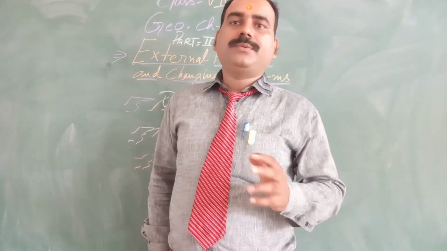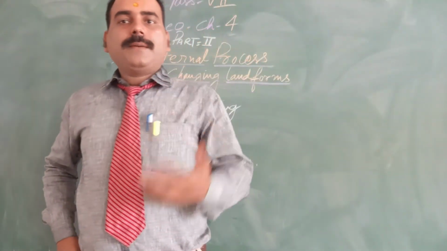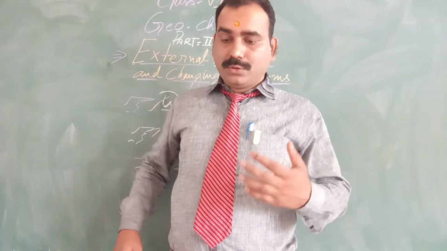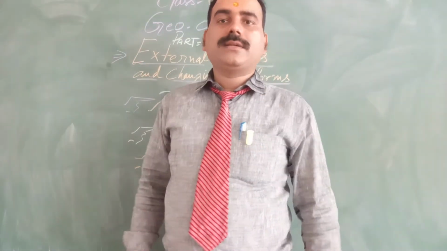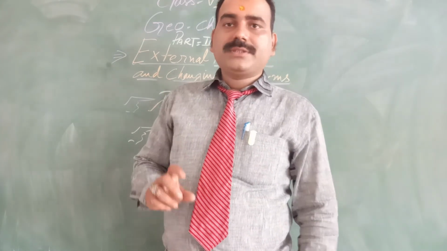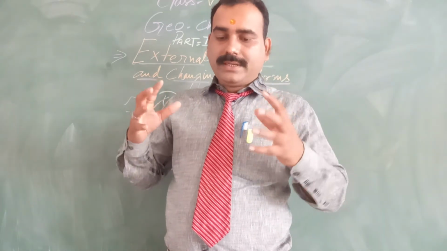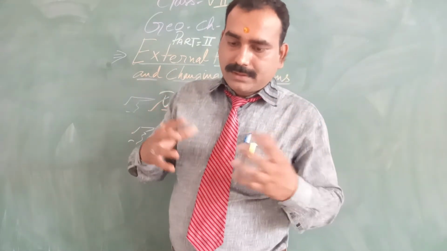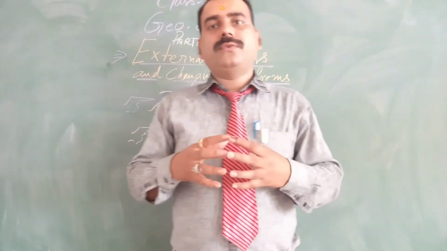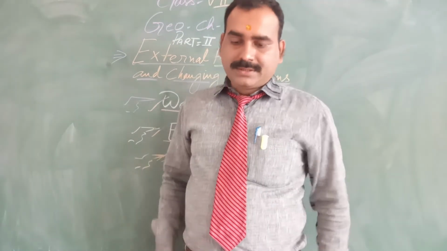Is it clear? The dumping of the rock debris obtained by weathering and erosion in other parts of the earth is known as deposition. The debris after deposition may accumulate to form new rocks. So that is called deposition.